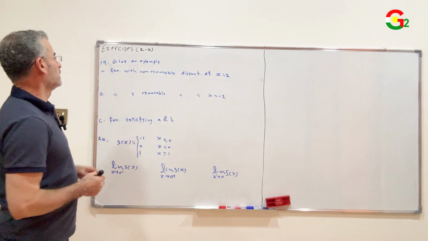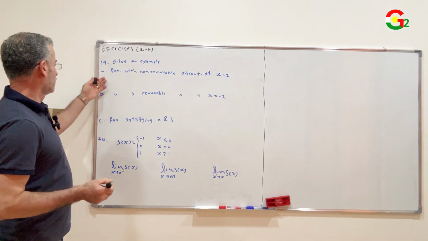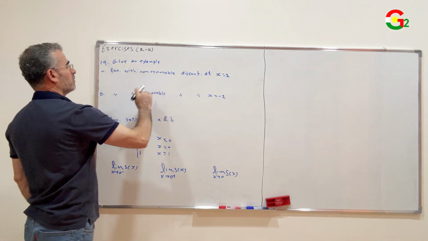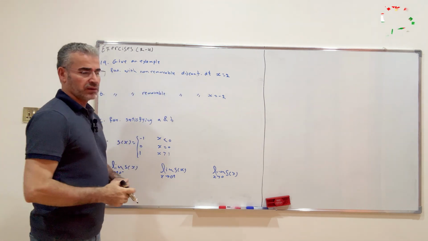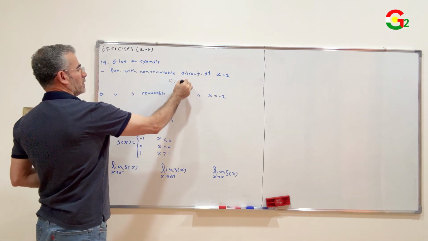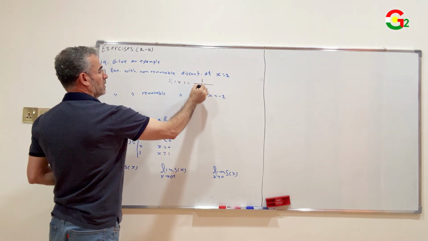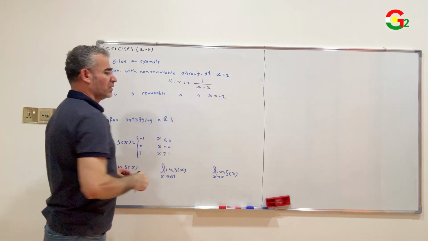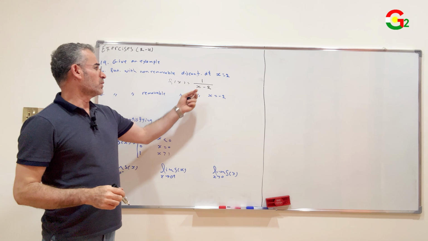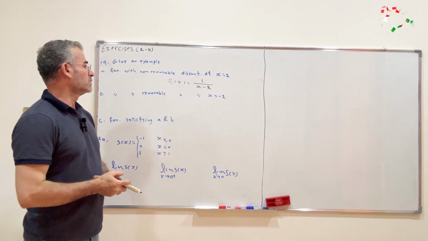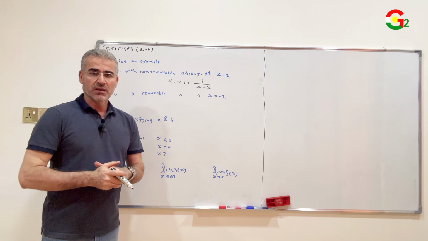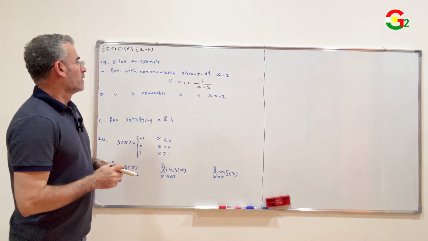Question number 19. Give an example for these three cases. Function with non-removable discontinuity at x equal 2: 1 over x minus 2. This function has a discontinuous point when x equals 2, and this discontinuity is not removable since the limit does not exist.